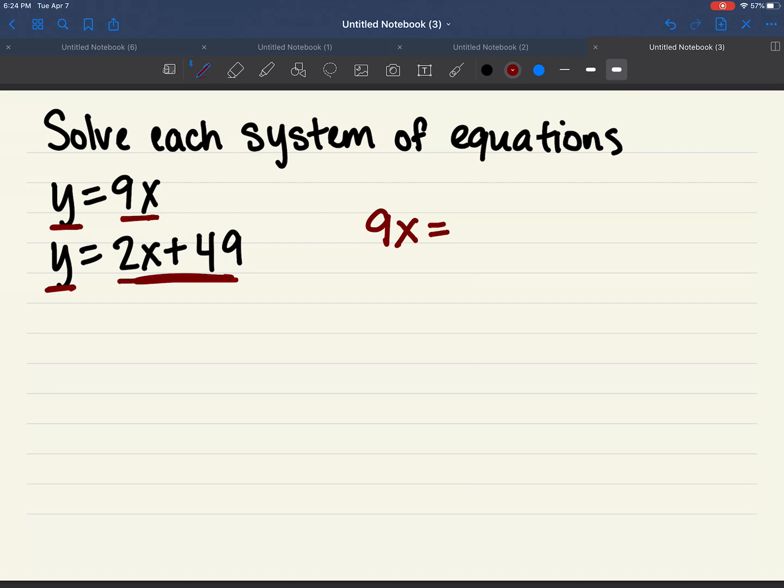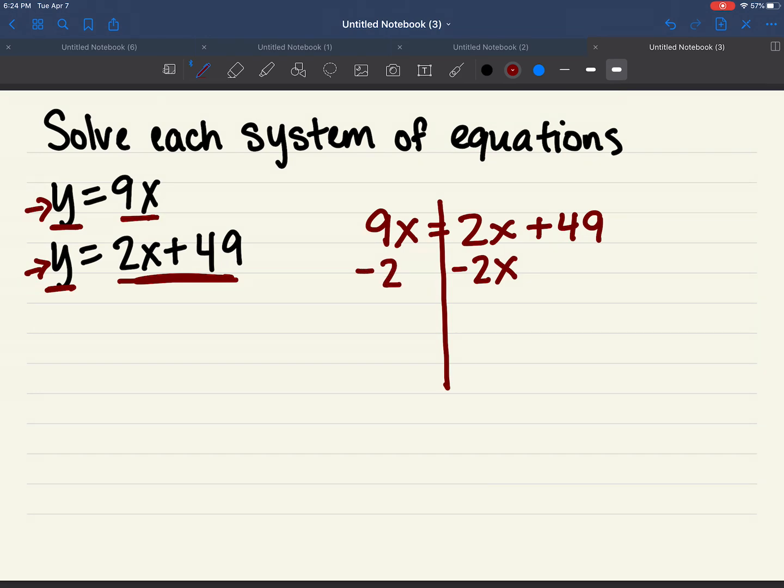We're going to take the first part, 9x, and set it equal to the second part, 2x plus 49. Again, we can do that because both of them are equal to y, which means they are equal to each other. Then from here we can solve for x. So we want to move anything that has x to the same side. Here it would make sense to move it all to the left side because all that's over here is x anyway.